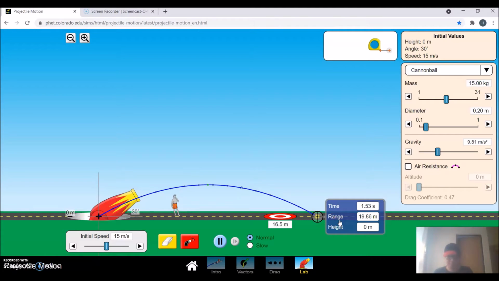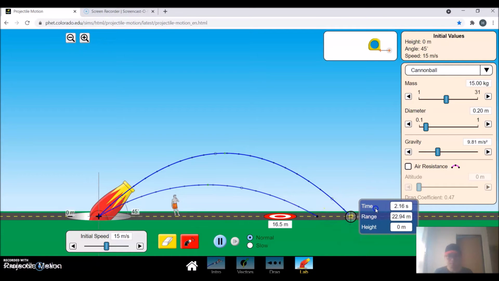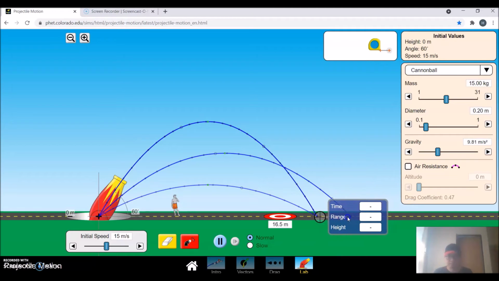19.6, 22 until 45. 22.94. 22 for 60. 19.86.